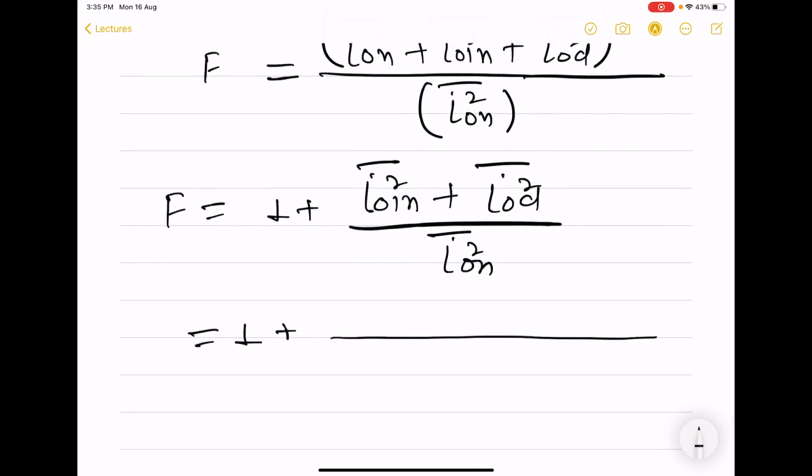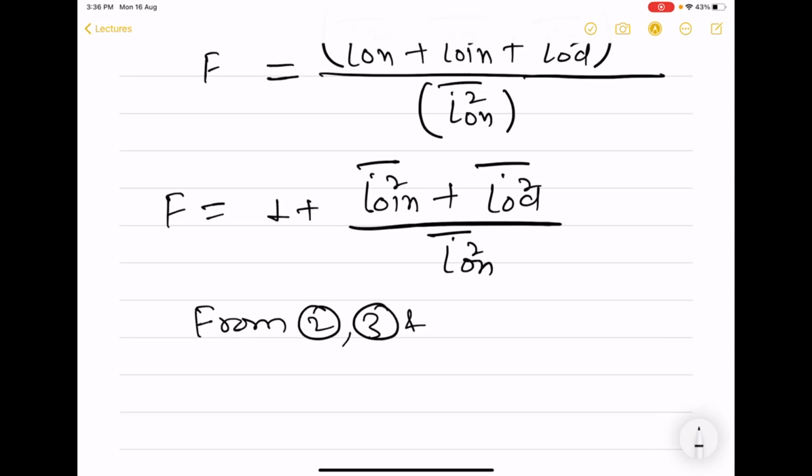Now we substitute each of these terms. Here we have 4kT gamma. No, this is from R1. Sorry, we have to use equation 2, from 2, 3, and 4.